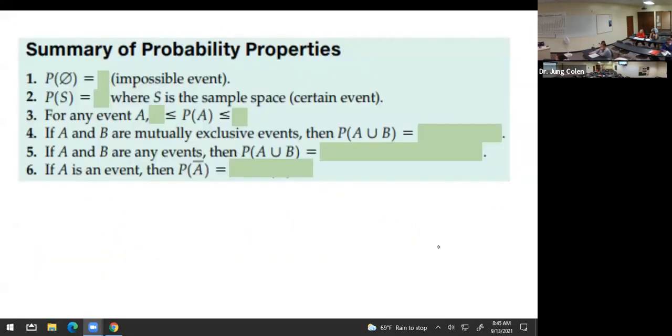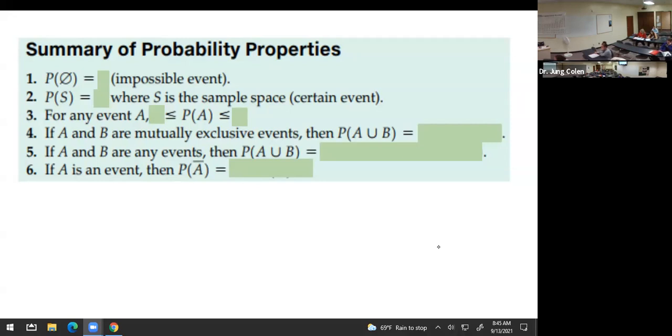Okay, the last one here. If A is an event, then the probability of A complement. A complement. How do you find the A complement probability? Isn't it everything that's inside both S and A?